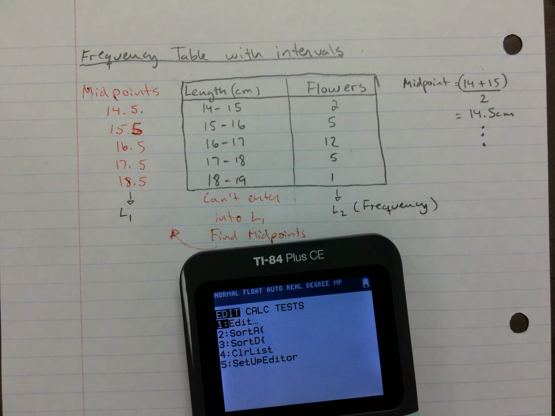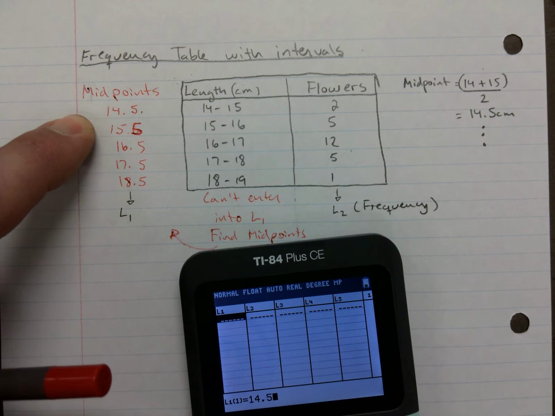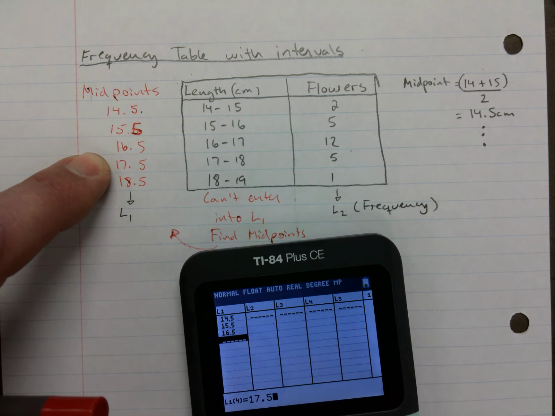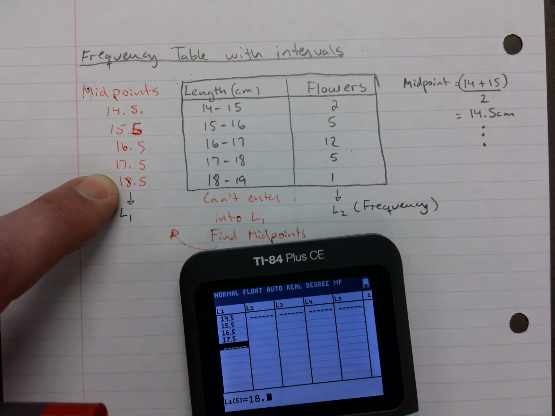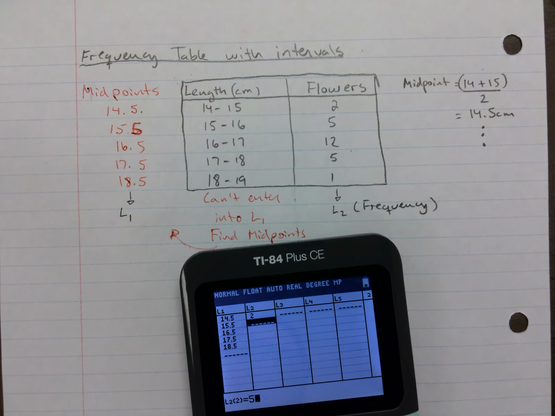So we go stat, edit, clear whatever's in there, and then we go 14.5, 15.5, 16.5, 17.5, 18.5, and then we go 2, 5, 12, 5, 1.